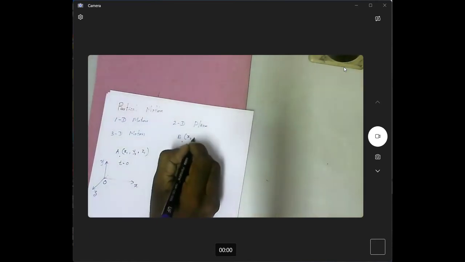Then, relative to this coordinate system, the position of point A, let's take it as x1, y1, and z1, and the coordinates of point B, x2, y2, and z2.